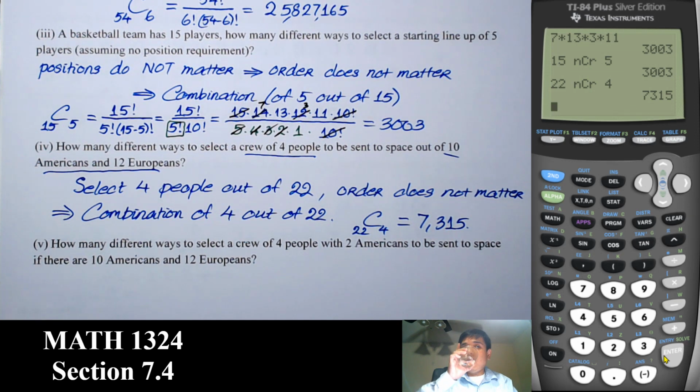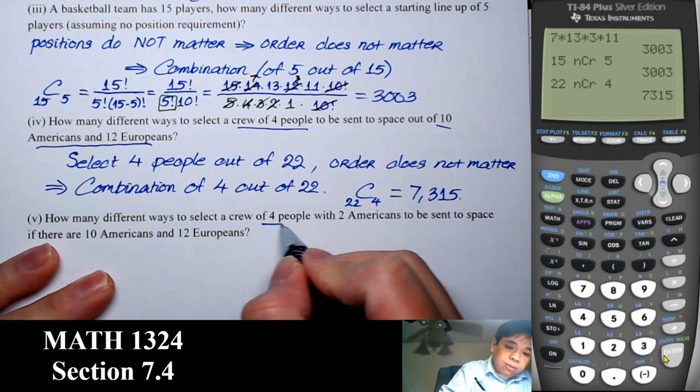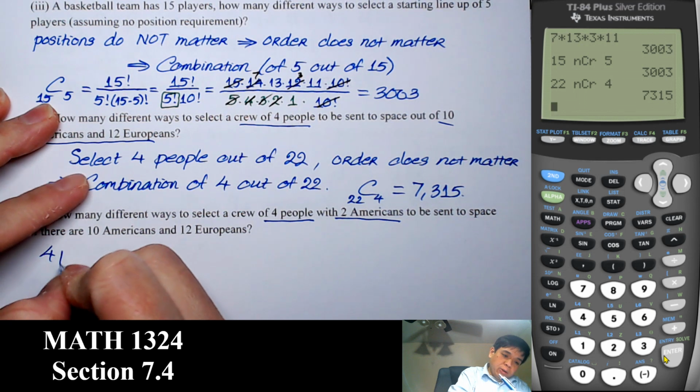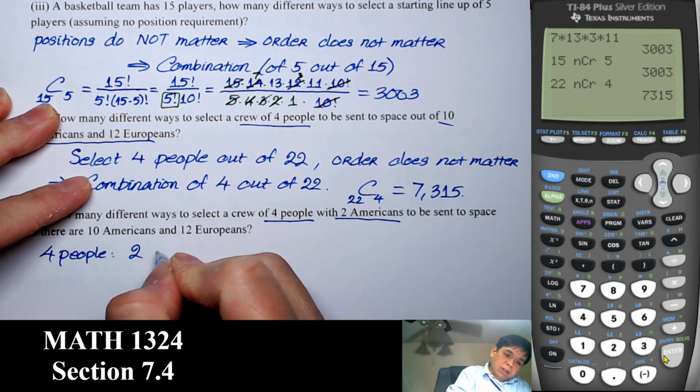Right, next. How many different ways to select 4 people with 2 Americans to be sent to space from 10 Americans and 12 Europeans? So there are 4 people, but 2 are Americans. So in this group of 4 people, we have 2 Americans.